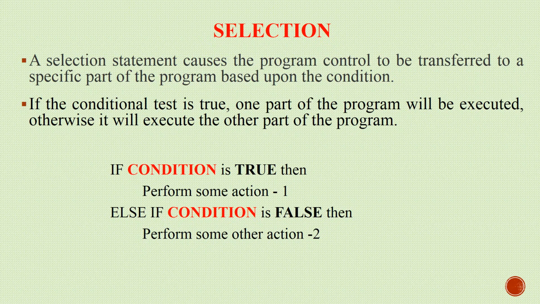If a conditional test is present and the condition is tested, and if it is found to be true, a part of the program will be executed. Otherwise, another part of the program will be executed. So let me give you a simple example. If a person is entering a railway station, there are a number of platforms in front of the person.